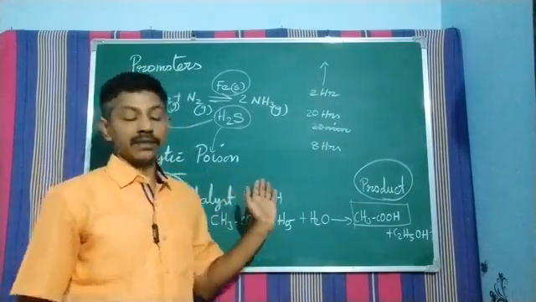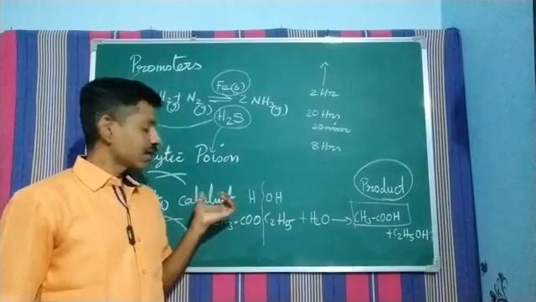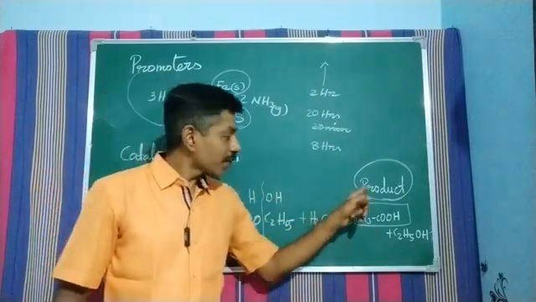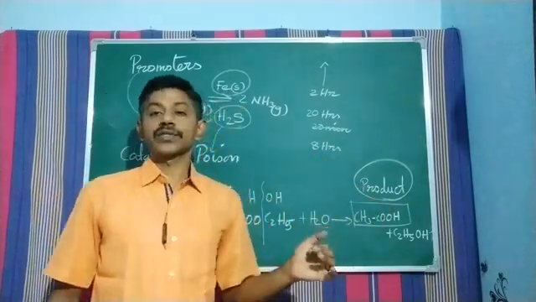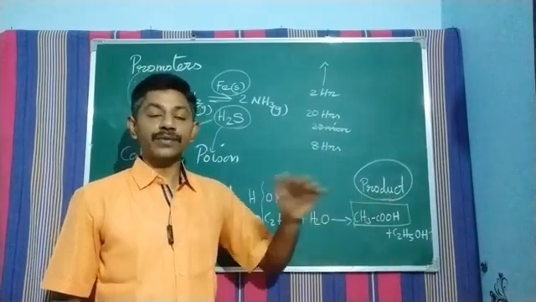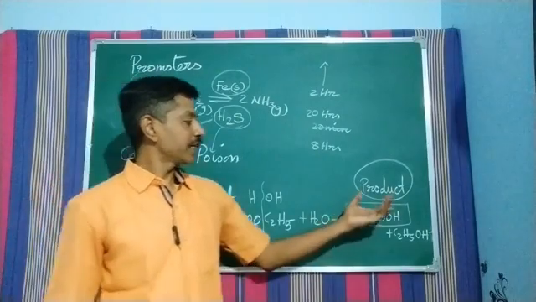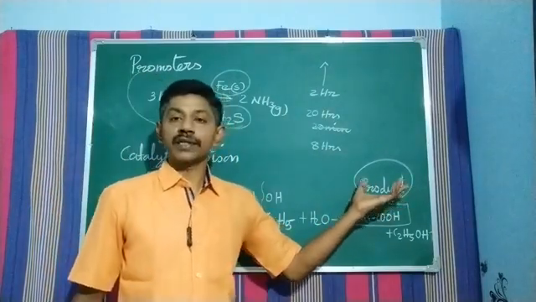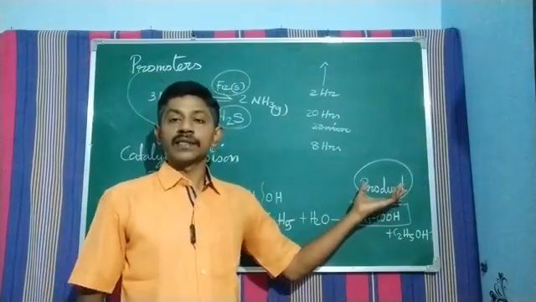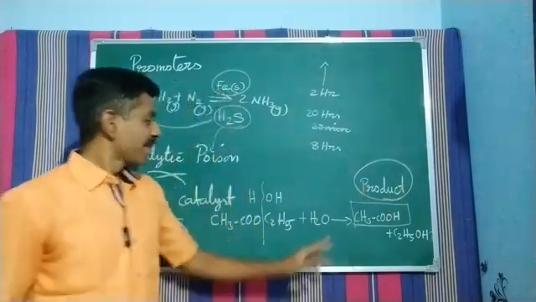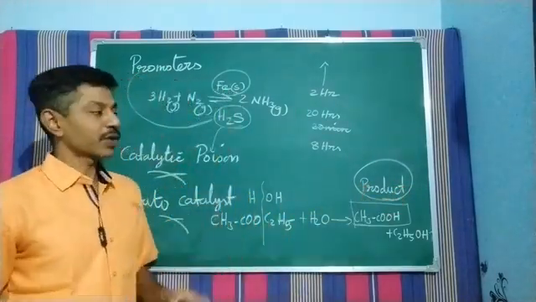For example, in this case, what is an autocatalyst? One of the products formed during the reaction. Instead of writing product, if you write reactant, you may not get marks. So you should be very cautious when mentioning the required words in your answers. So this is about autocatalyst.